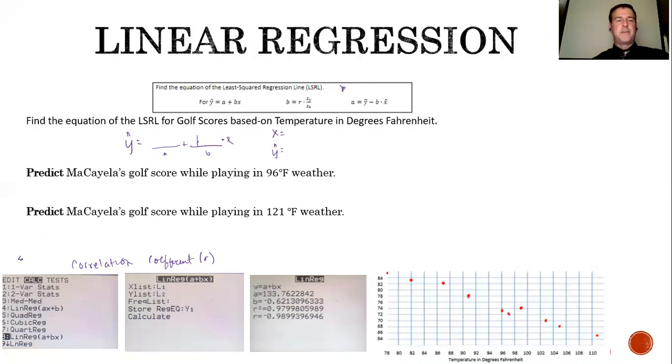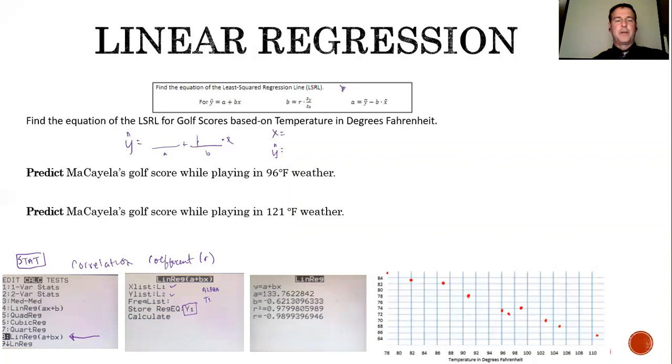If you go to STAT, and you scroll over one to CALC, go down to 8, like we've been practicing for the correlation coefficient, put in L1, put in L2. Make sure your Y1 is there. And again, if you don't remember how to get there, it's usually trace. Sorry, it's not trace. It is alpha trace.